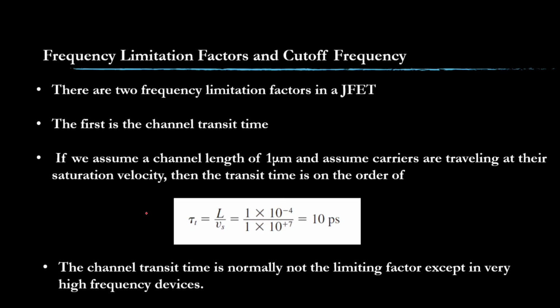I developed one amplifier. I am going to apply a 1 kilohertz frequency signal to amplify. It works, no problem. If I apply 10 hertz frequency to that JFET, it may not work properly. You cannot find the amplification at the output side.